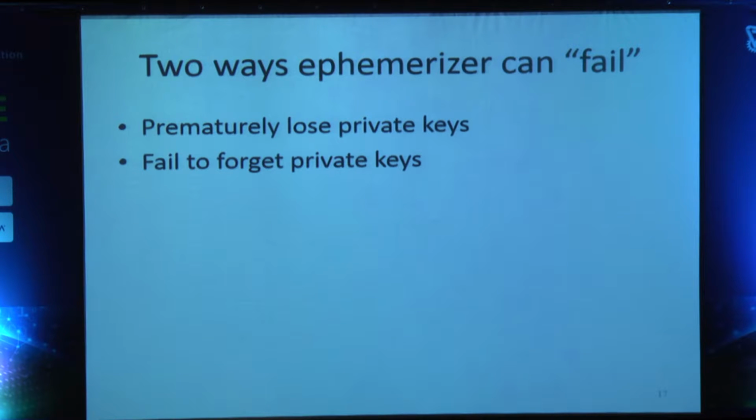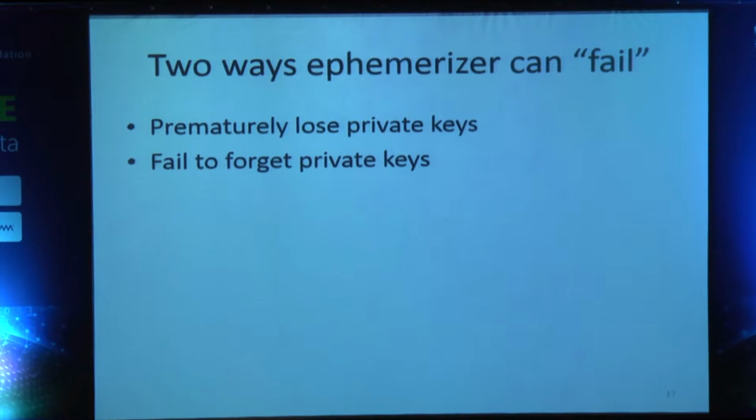One is where it goes out of business or forgets the private keys prematurely, and the other is where it doesn't forget the private keys. So focus on one thing at a time. We'll get to the second one, but right now let's only think about what happens if it were to lose the keys. Because if it did, then all of its hundreds of millions of customers, when they needed it, would be very disappointed when they found out that, no, they can't recover from backup.